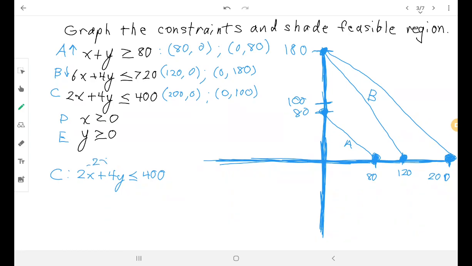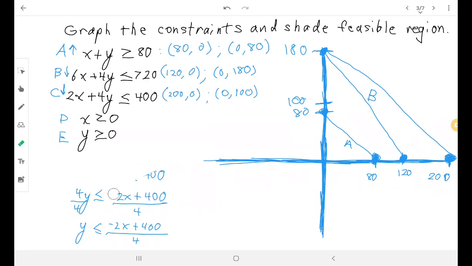Let's subtract 2x on both sides, and that'll be traditionally written 4y is less than or equal to negative 2x plus 400, so that the x part is out front there. And then divide the whole thing by 4, and none of that is going to change the direction of the inequality, so this one will continue to shade down because of the less than.